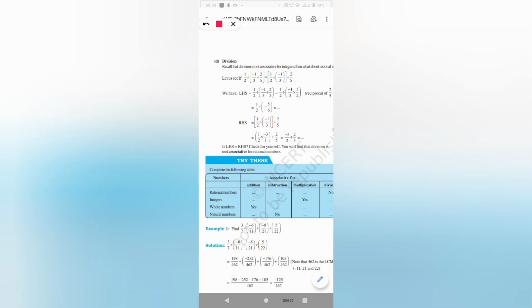The associative property is like a by b into a upon b into... no, let me understand with an example. Question: 2 by 3 into 1 by 2 plus 3 by 2.